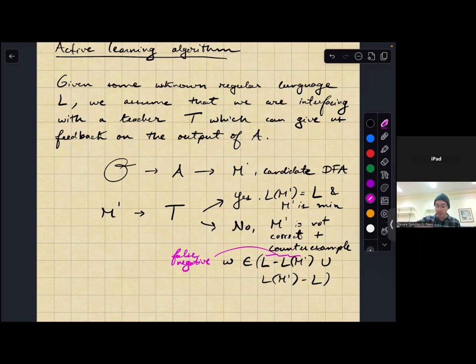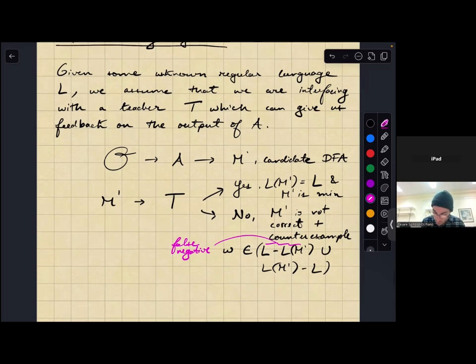That just means that W is getting rejected by M prime, where it should actually be accepted by M prime. Whereas the second is a counterexample of a false positive, where M prime is accepting W, but actually it shouldn't be accepting W because it's not in L.